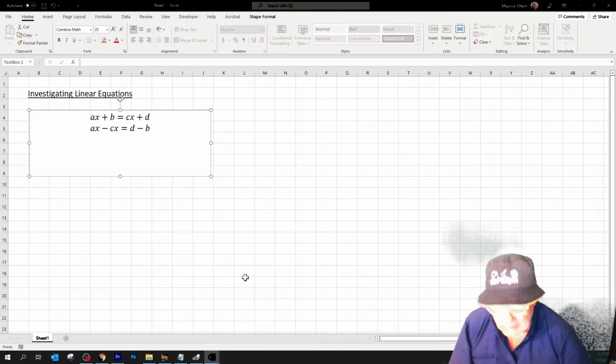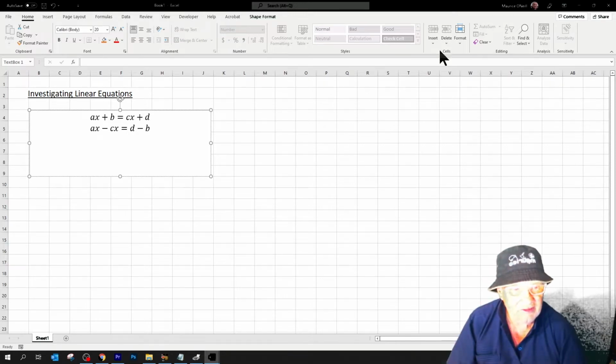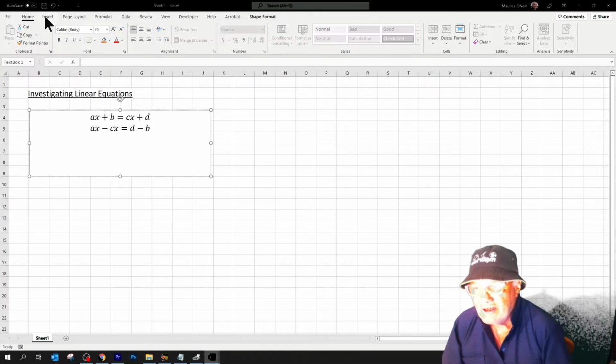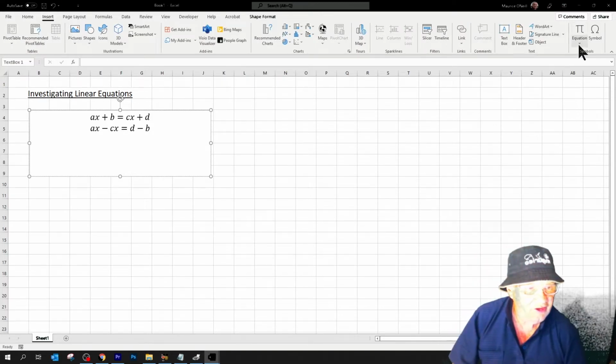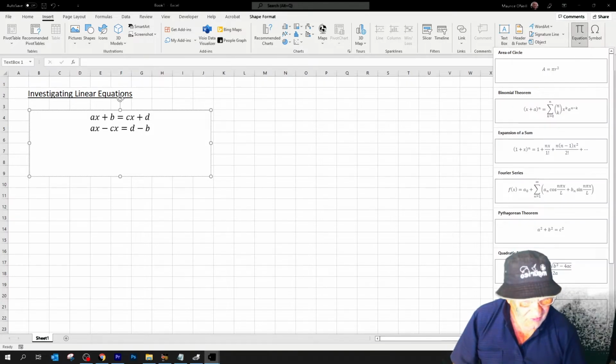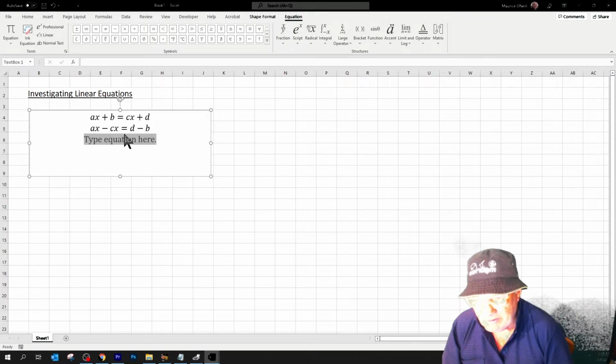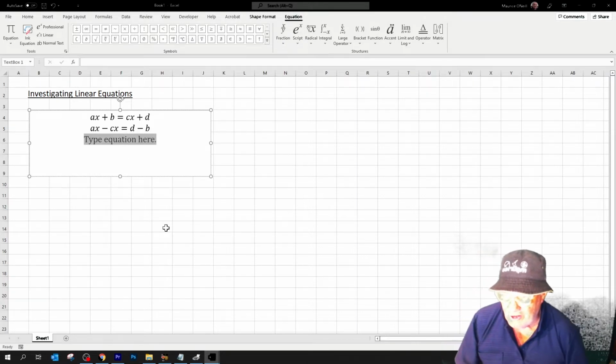Right, so now we need another equation. Insert equation. So repetition, as I'm always an advocate of repetition. So now we're going to factorize the left-hand side.